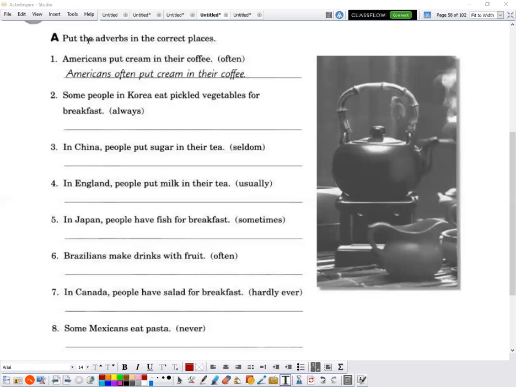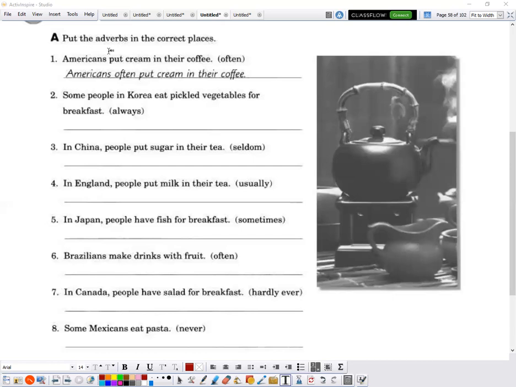So we call these adverbs of frequency. And adverbs of frequency means words to show us the percentage or the repetition of actions.